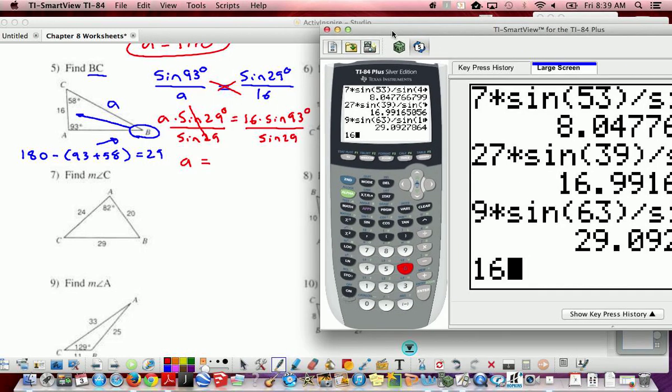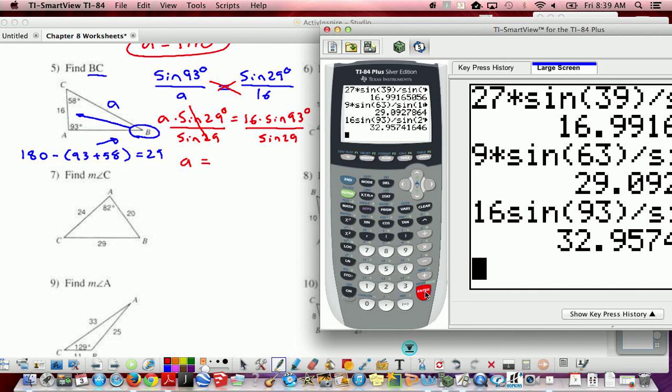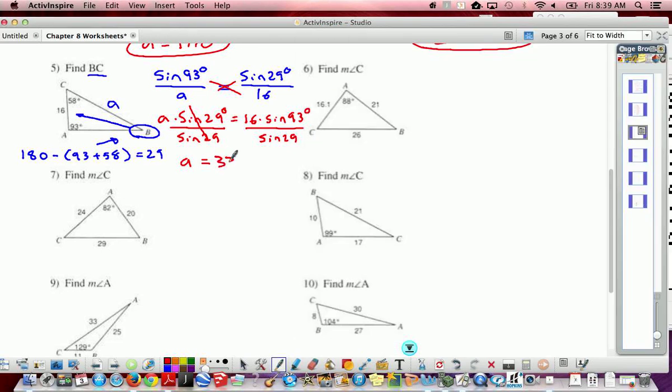Oops, let me see it again. So sine of 93, close parentheses, divided by sine 29, close parenthesis, enter. 32.95 rounds to 33.0. All right, that's halfway done.